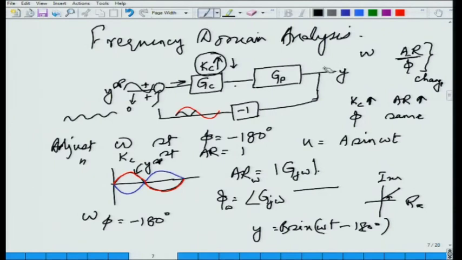So, I am looking at this, and you are plotting g j omega as a function of omega.